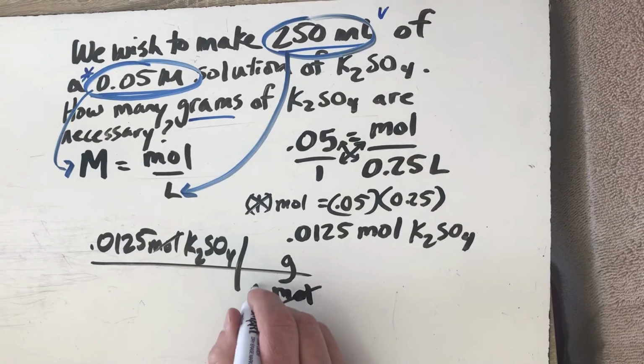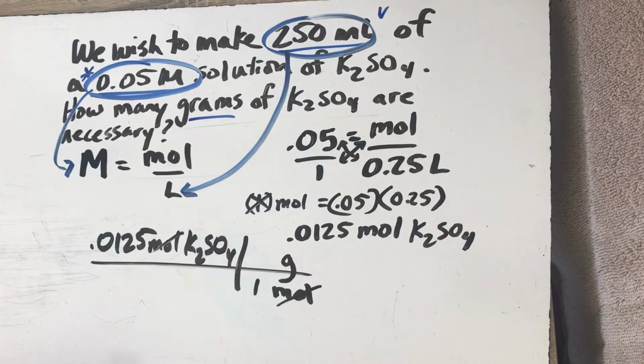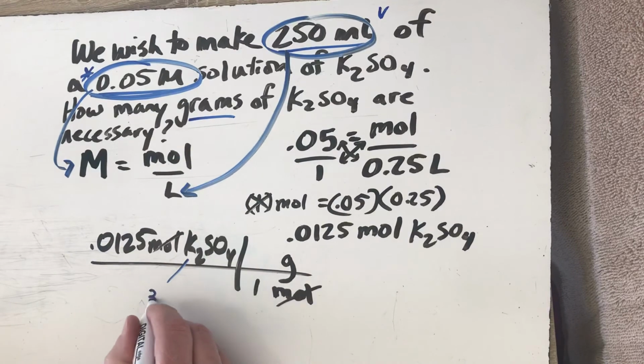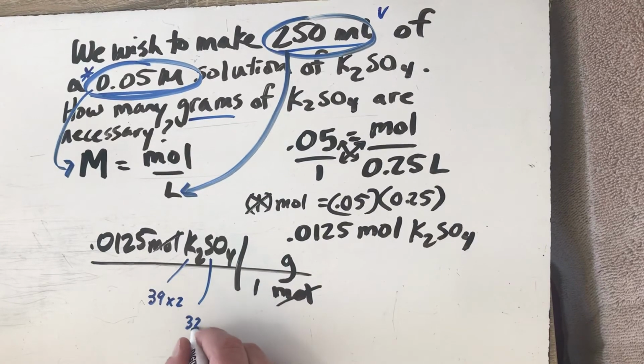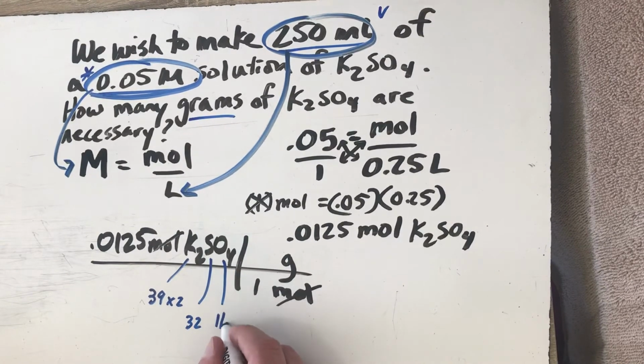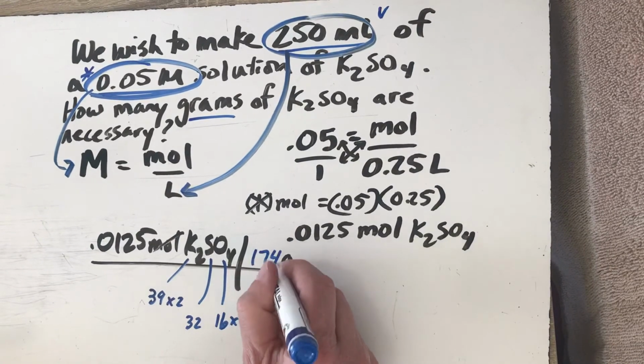Now, I look at the periodic table that always shows me 1 mole of everything. Okay, and I'm going to add up potassium, sulfur, and oxygen. I've got 2 potassiums, and each one weighs 39 grams per mole. So 39 times 2. 1 sulfur weighs 32 grams, and 4 oxygens weigh 16 times 4. I put all those together, I get 174 grams.